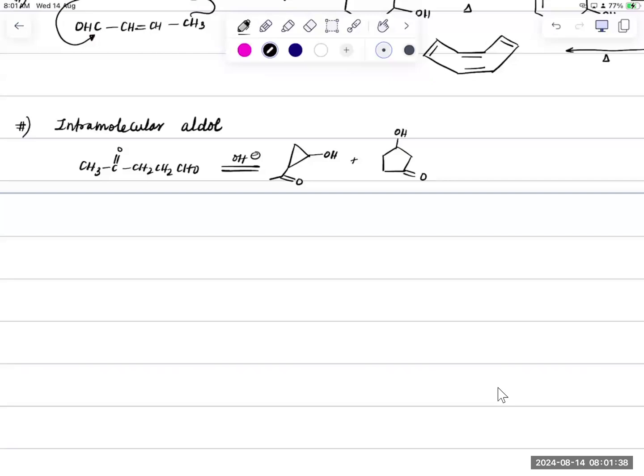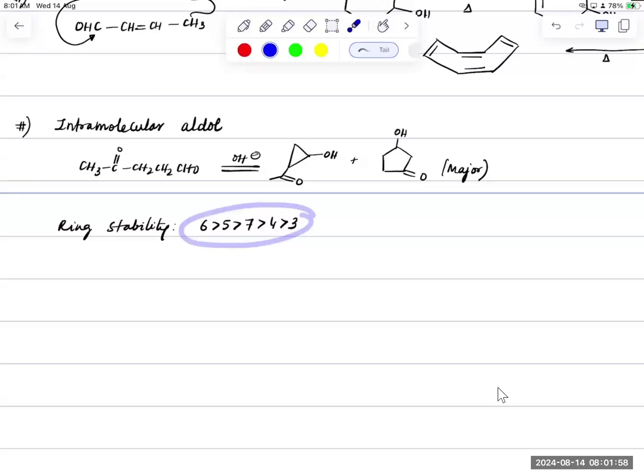Okay. So the one where I'm getting a 5-membered ring will always be more stable. Ring stability, if you notice, should always be 6 greater than 5, greater than 7, greater than 4, greater than 3. Always follow this order. So whenever it is forming, you will have to notice what the ring structure is. Okay.